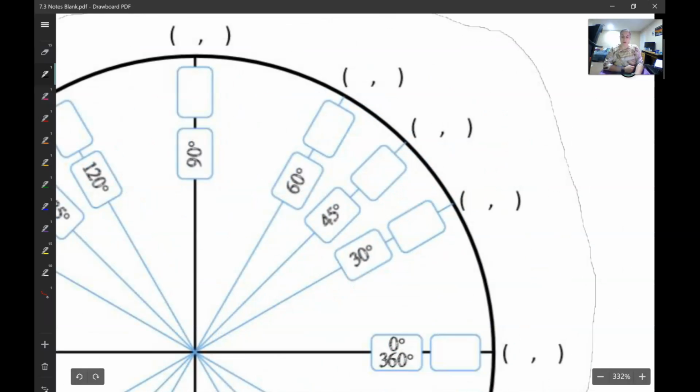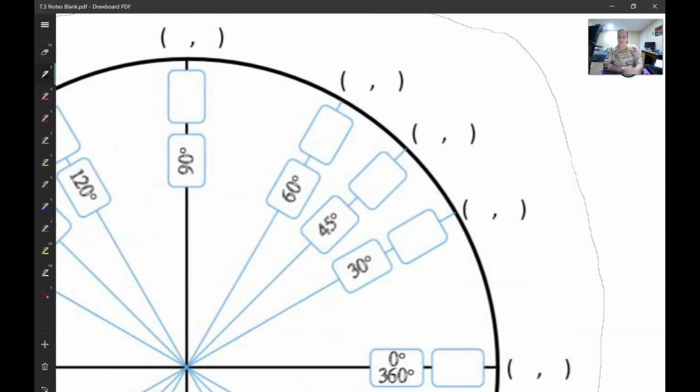Now let's go to this unit circle, and I'm going to zoom in right here, because you'll notice that right here on the line that says 45 degrees, I'm going to make a right triangle, where this side is my radius, just like we learned last class period.